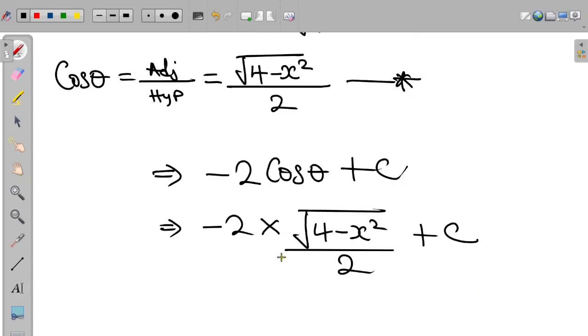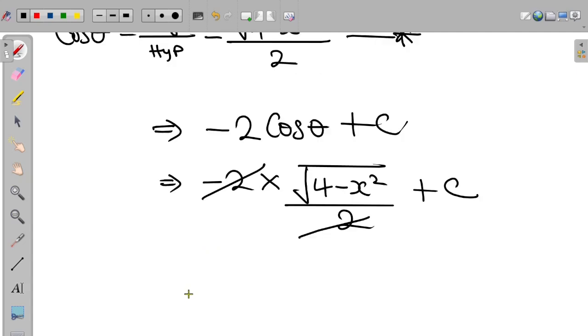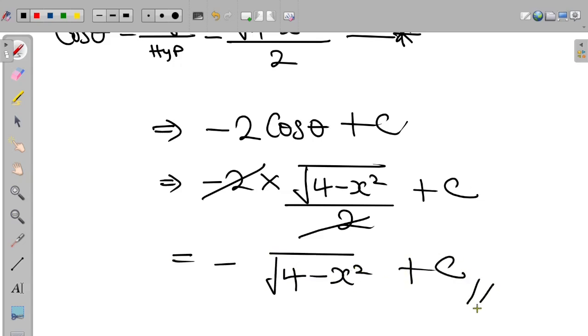At this point, 2 can cancel out 2, so we are left with minus root 4 minus x squared plus c. So at this point, we have been able to integrate the function given to us.